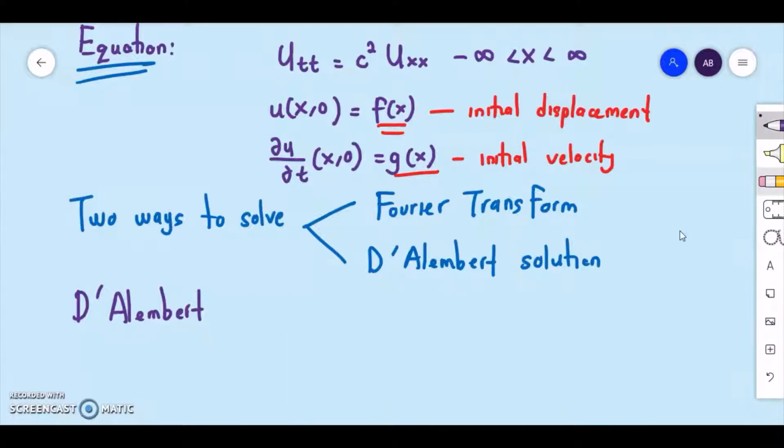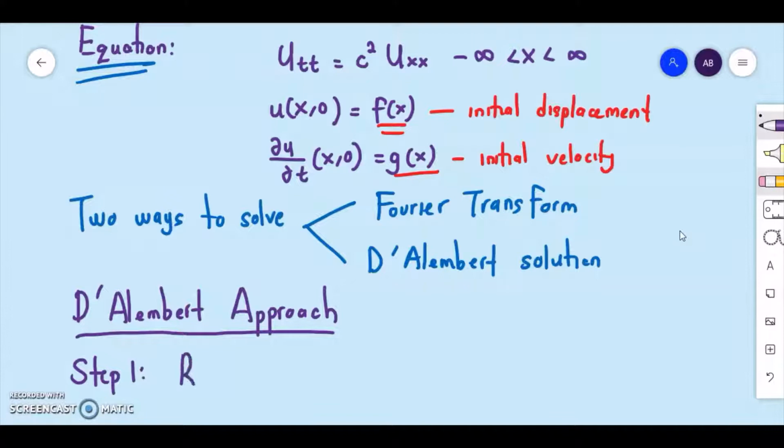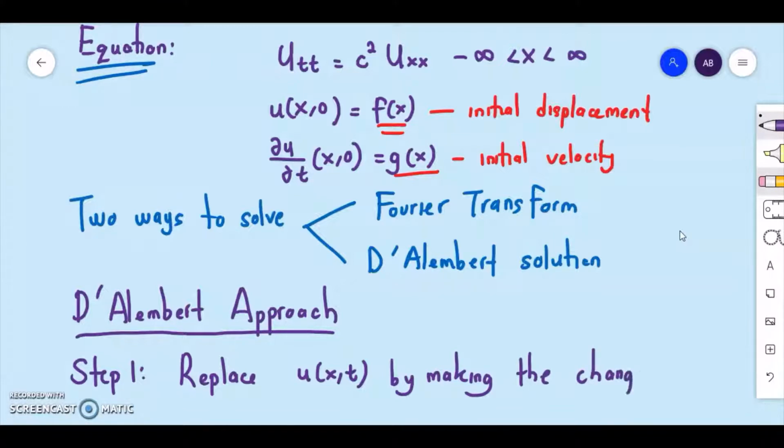So the first step we want to do is, let me just write it down. Step 1 is to replace u(x,t) by making a change of variable involving psi and eta.